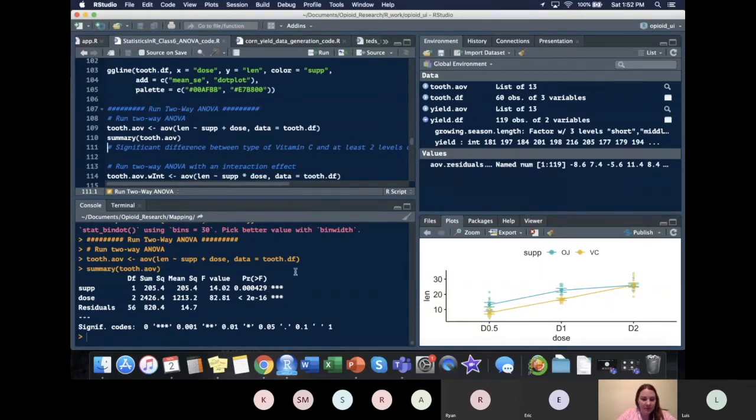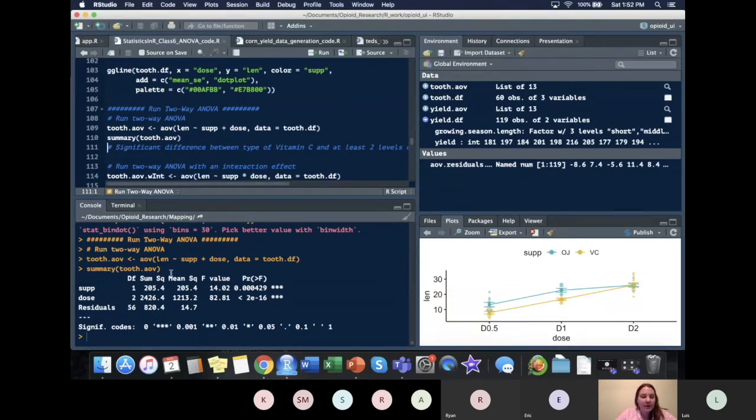We're seeing that with our p-value. So going back, our sum of squares is going to describe our variation. For our supplement, it would be between the supplement groups would be our sum of squares. And this would be between our dosage groups, and this would be within those groups, so the error value.